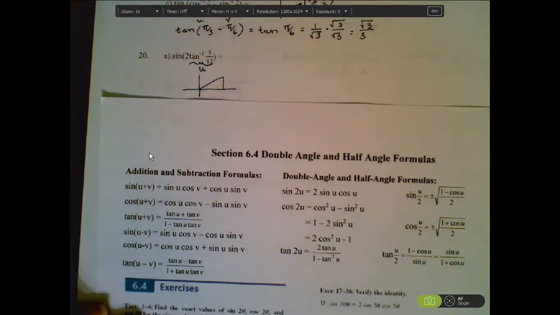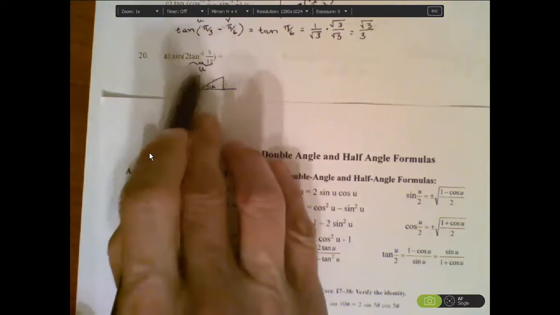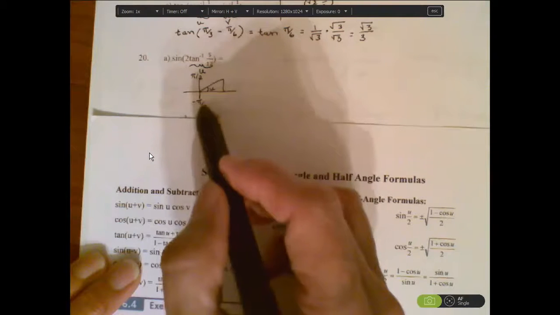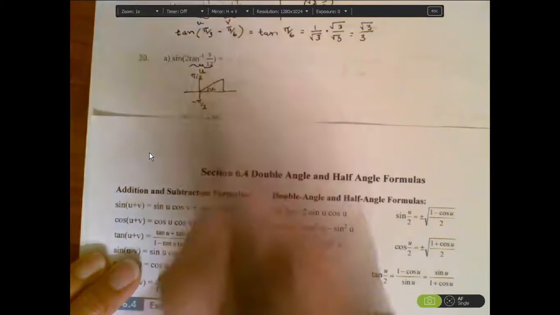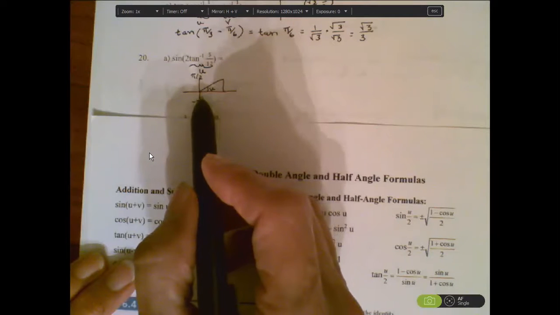It has to be in the first quadrant. None of my angles are to scale. But let's say there's this angle U in the first quadrant, because inverse tangent only gives us answers between -pi/2 and +pi/2. And the only quadrant in that range that has a positive tangent is the first quadrant. So my angle U's in the first quadrant.